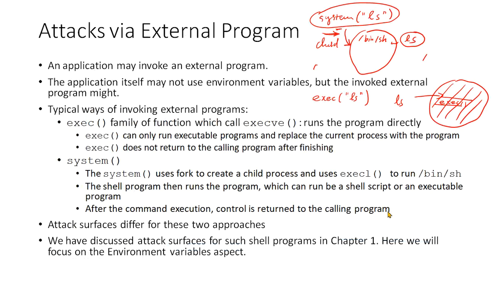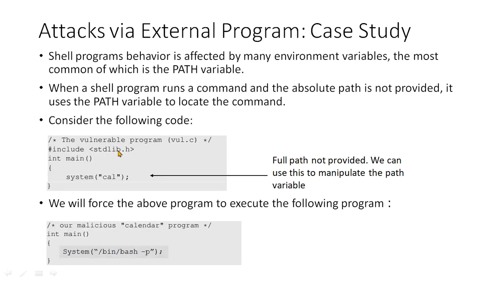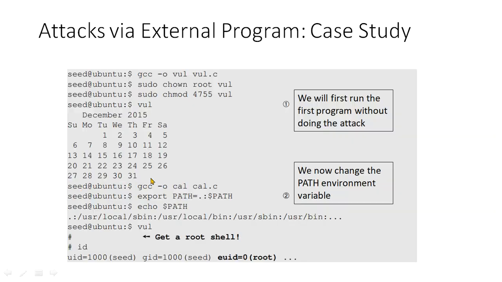We try to change the PATH environment variable here. This is a program. This program is very simple. It uses a system call to run a program named cal, which will display the calendar on the screen. So when this system call runs, it displays the calendar like this.